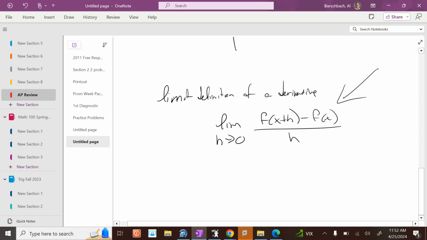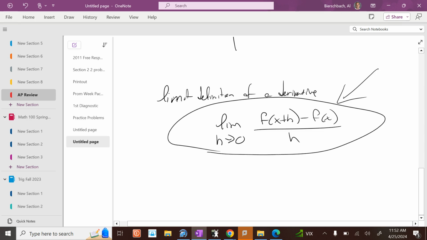Okay? You'll have to determine like, oh, well, if it's f of x minus 2 minus f of x all over, and no, it wouldn't be like that. But understand this is a derivative. Okay, this is simply a derivative, and you might have to pull out some information out of there.